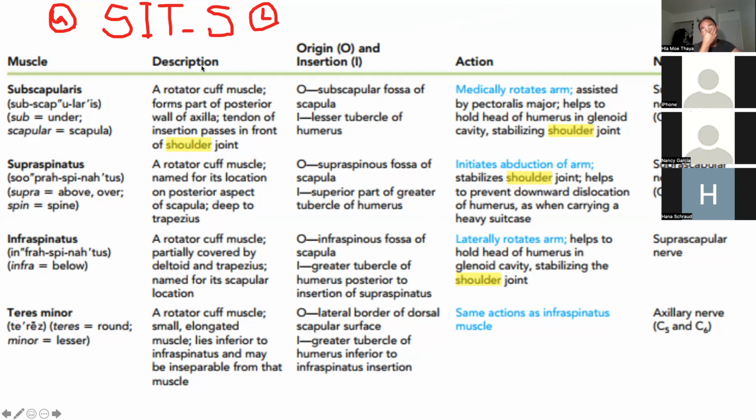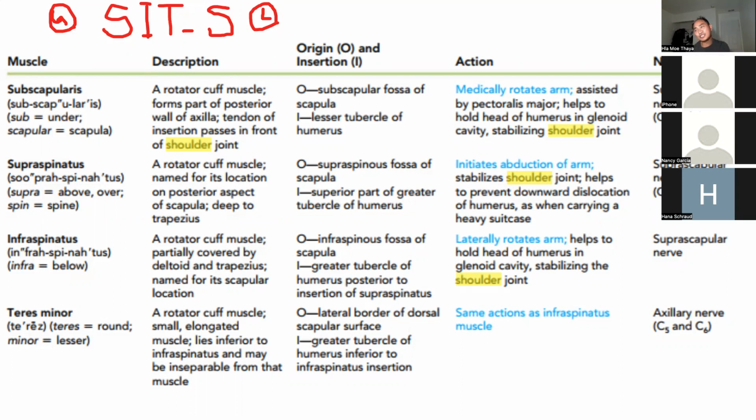SITs are the rotator cuff muscles. So supraspinatus, infraspinatus, and teres minor, not teres major, they will go and attach to the greater tubercle. Look at that, greater tubercle.